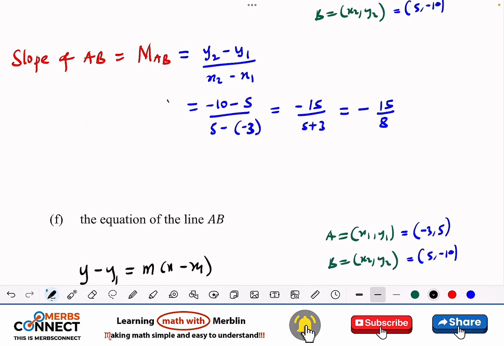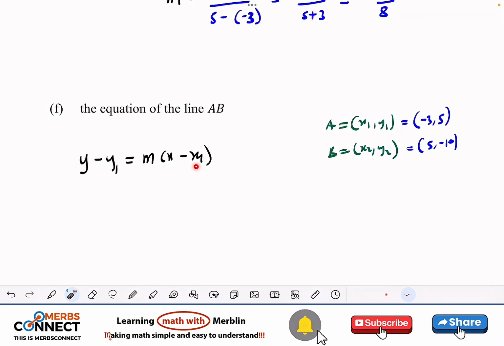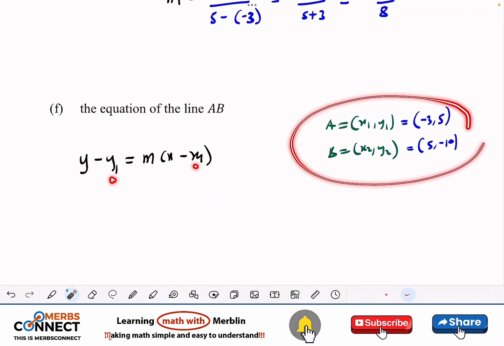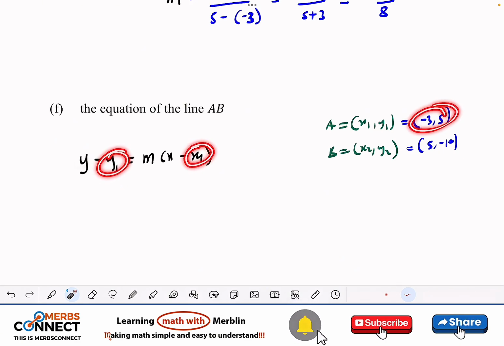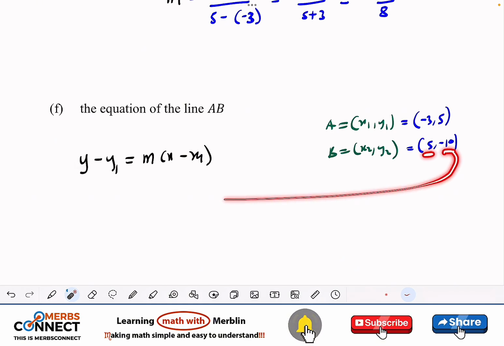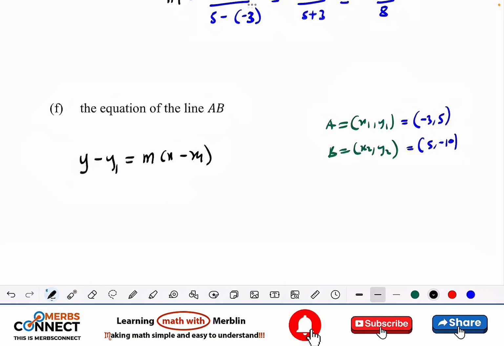We did it. We had the slope to be this. And as I said, for x1, y1 you can choose any of the points. I'm picking this one, but you can try by using the other one as x1 and y1. You do it and you get the same results as I'm going to get.